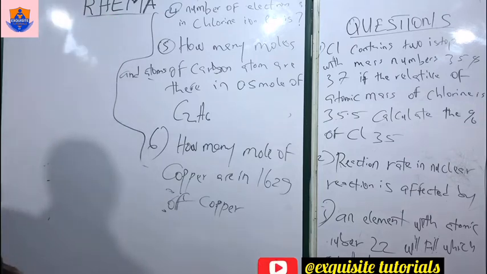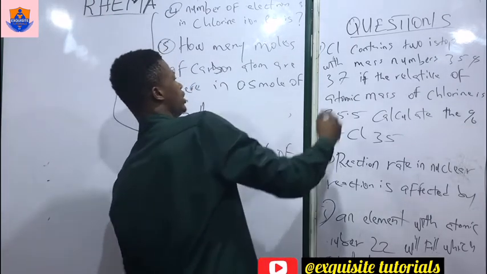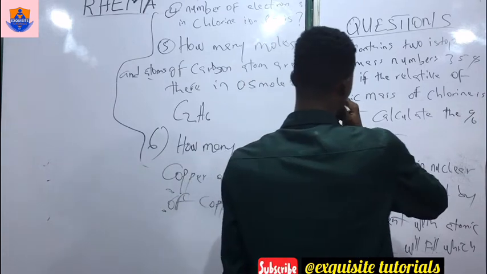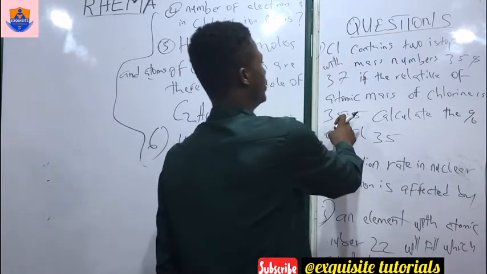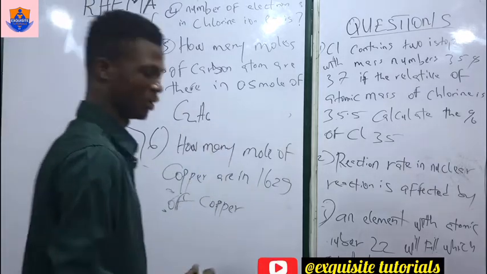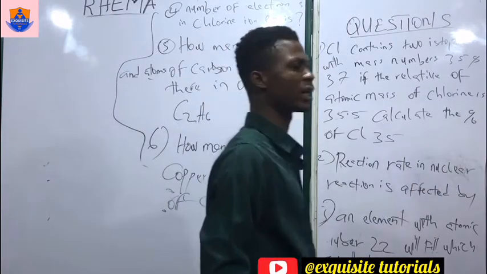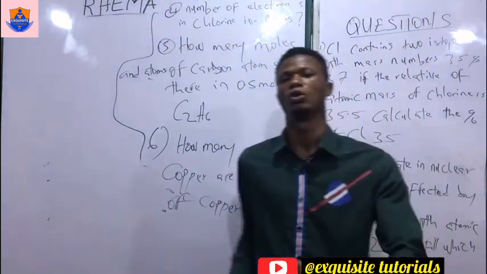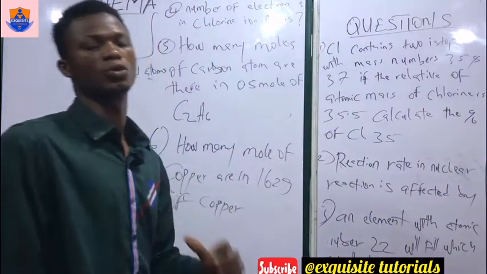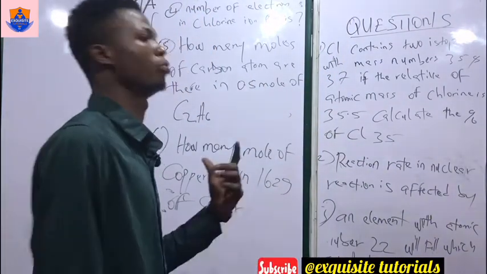Now, let's twist the question the other way around. Here we are given the two isotopes and we are given their relative atomic mass. Let's say for example we are not given the relative atomic mass. We are given the ratio of chlorine 35 to 37 and we are asked to calculate their relative atomic mass.